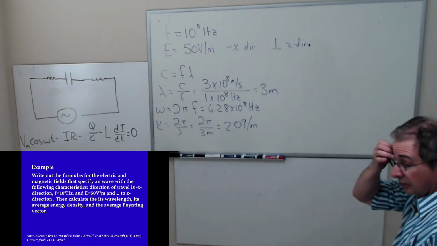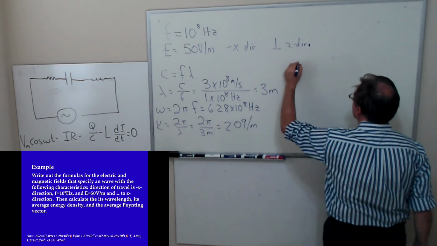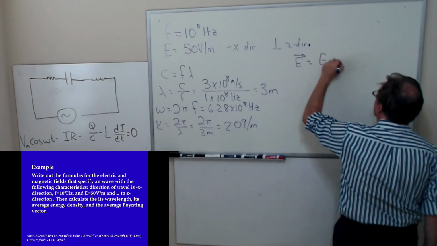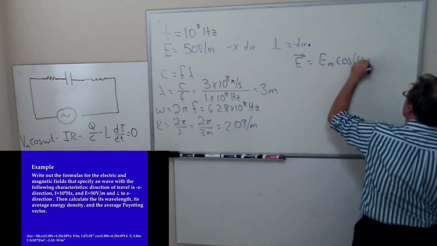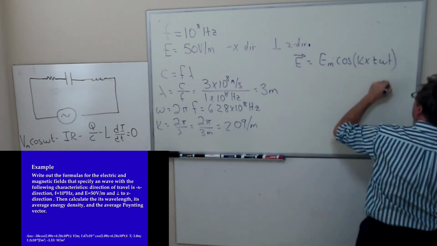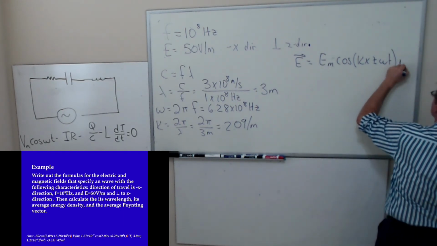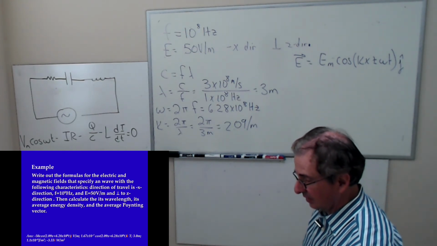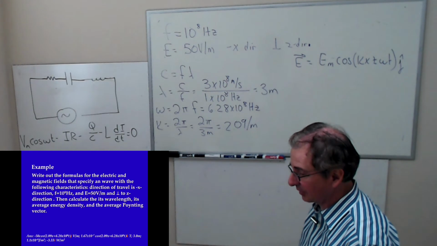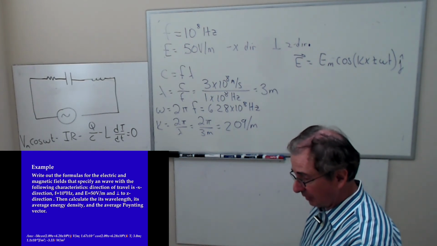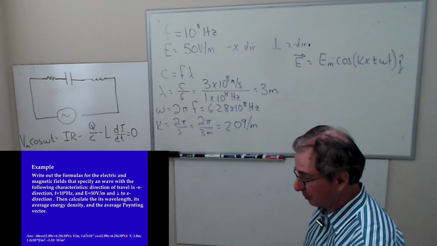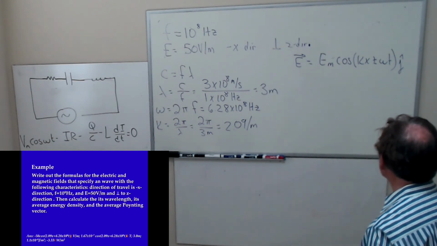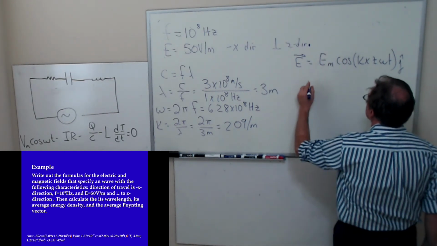And I want to use the following form for the electromagnetic field. I know it's going to be in the j hat direction. Actually, it can be in the positive j hat direction or the negative j hat direction, because I wasn't very specific there, right? I just said perpendicular to the z direction. So I would choose either answer.